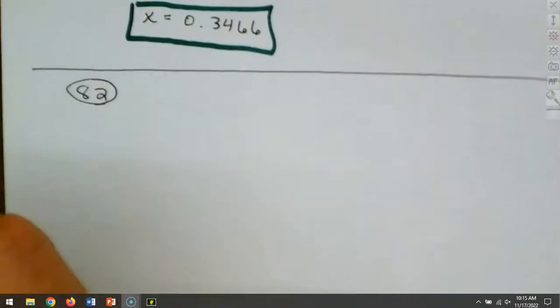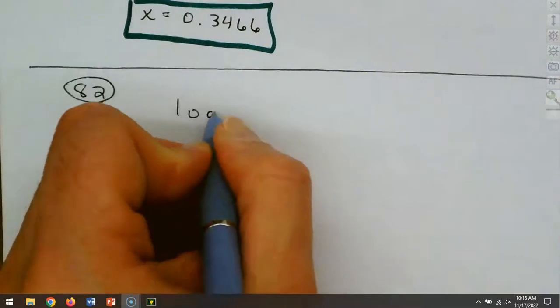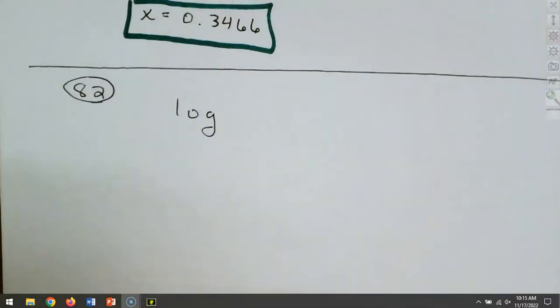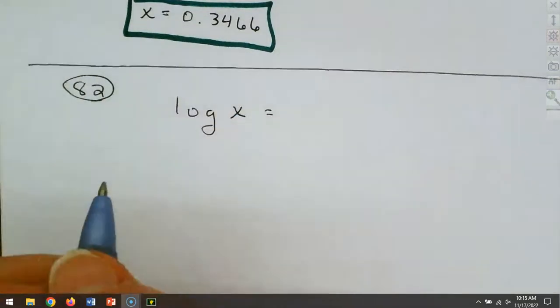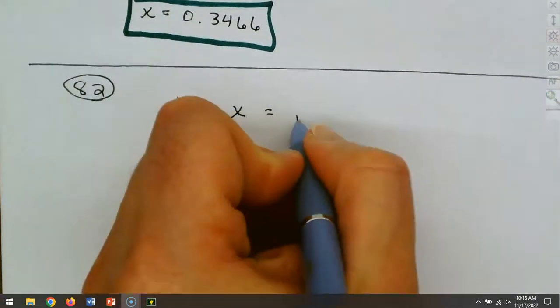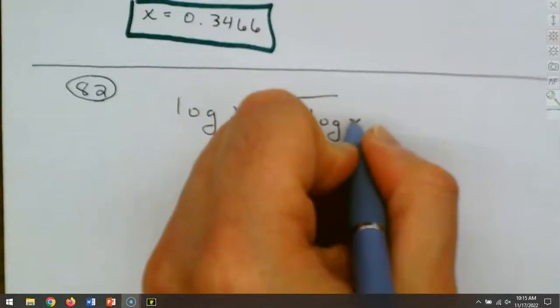This one has a square root. So question 82 is the log of x equals the square root of the log of x.